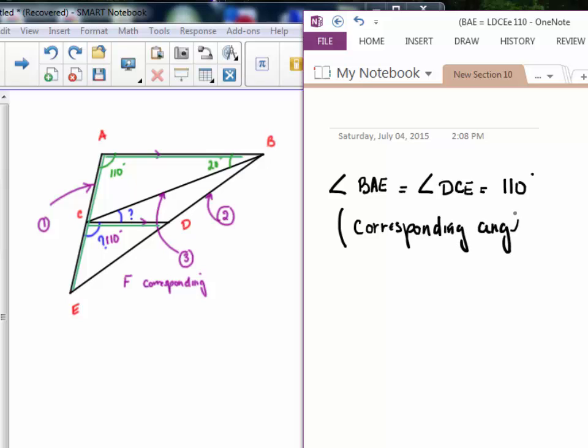In secondary, if you don't write the reason, you lose the communication marks. So you have to mention that corresponding angle, the reason.